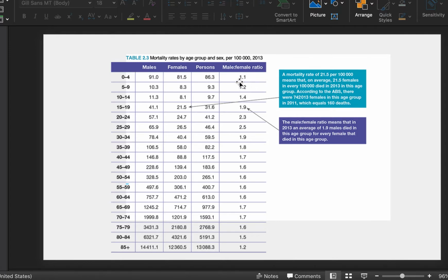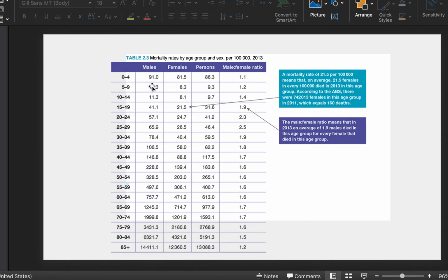So this one here is 1.1 males to 1 female. This one here is 2.3 males to 1 female. This one here is 2.5 males to 1 female. What that means is that for every 1 female that passes away, 2.5 males pass away in number trends.